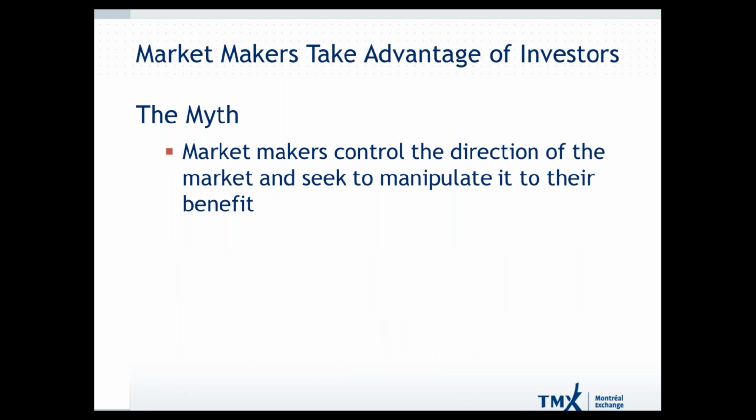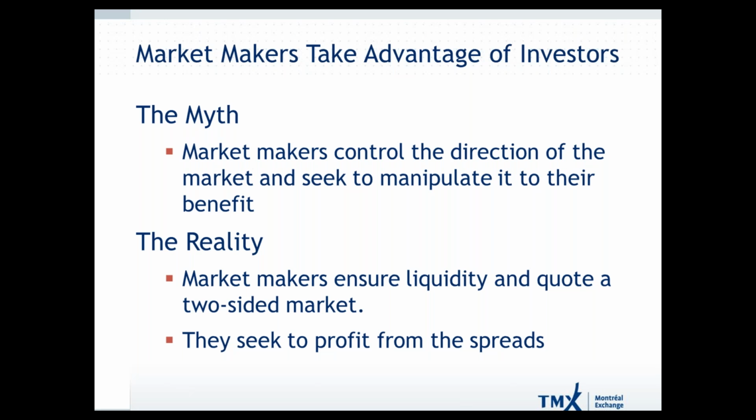There's a lot of misunderstanding around the market maker's role within the process. So the myth is that market makers control the direction of the market and seek to manipulate it to their benefit, when in fact it's actually the opposite. The market maker is actually there to ensure liquidity and to quote a two-sided market.